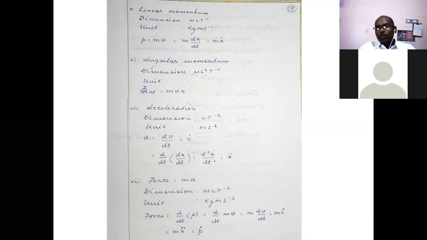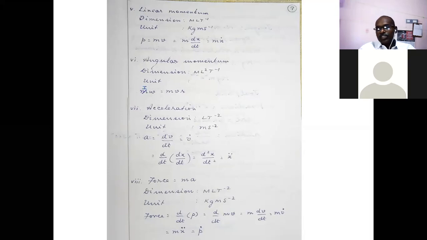The velocity has one length per time and the radius has another length. Therefore, length per time into length, you are getting L square per time. So this is the dimension of angular momentum. Similarly, you can write the unit also: kilogram meter square per second, which is not written in this slide, and you can write down.